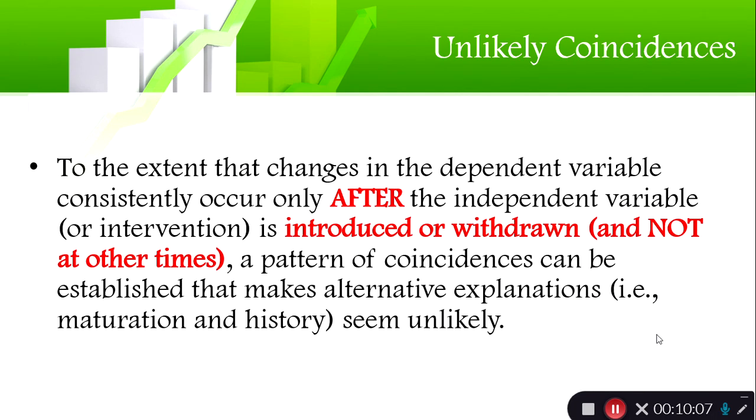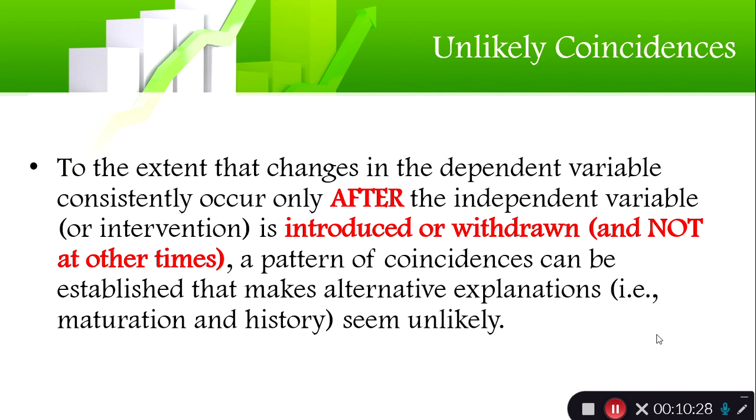And then we have the concept of unlikely coincidences. This concept talks about the extent to which changes in the dependent variable consistently occur after the independent variable or intervention is introduced or withdrawn, and not at other times.